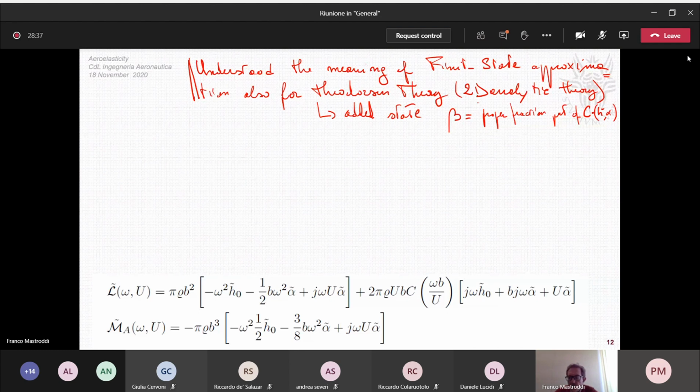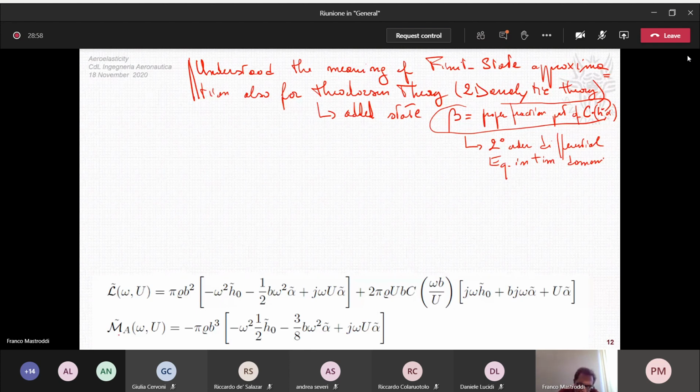Okay, and this will give you a second order differential equation in the time domain. So we have an added state and an added equation. We have included a new state, a new equation, exactly as presented in the general theory.